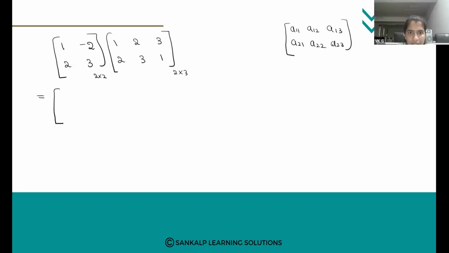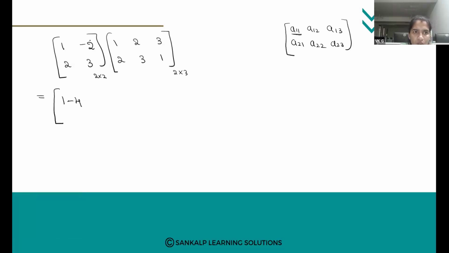To identify the first entry, the 1/1 entry, consider the first row from the first matrix and the first column from the second, multiply pairwise and then add: 1 into 1 plus minus 2 into 2. You don't actually need to write it all out, just observe. 1 into 1, 1 plus minus 2 into 2, minus 4.